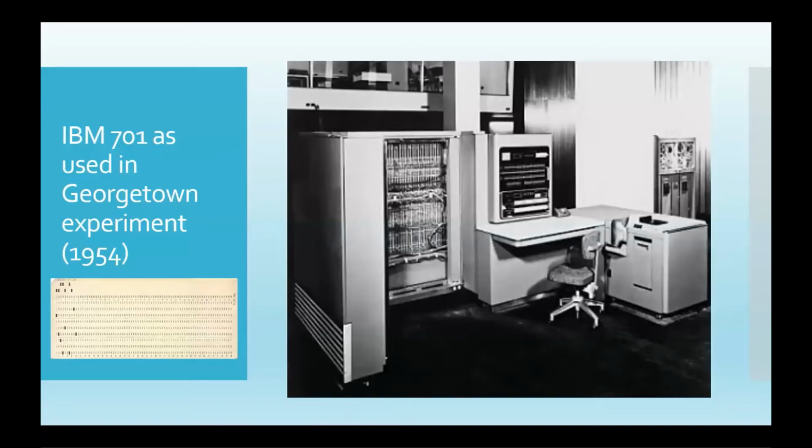This was known as the Georgetown experiment, and it was a collaboration between IBM and the University of Georgetown. And its main purpose was to convince the US government to keep funding research into machine translation, automated translation.